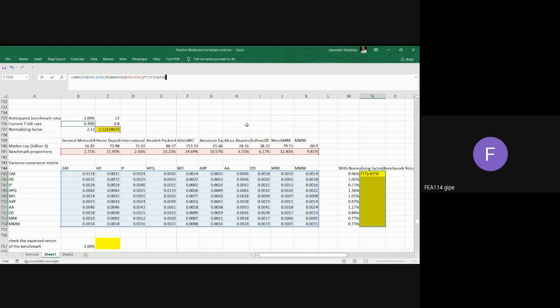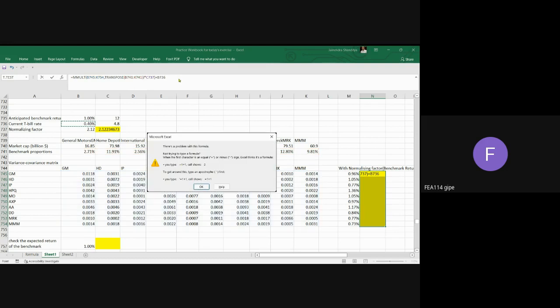Okay, and 1, 2. No, so one more is missing on the left side. Let's try if I use the command Control Shift and Enter.